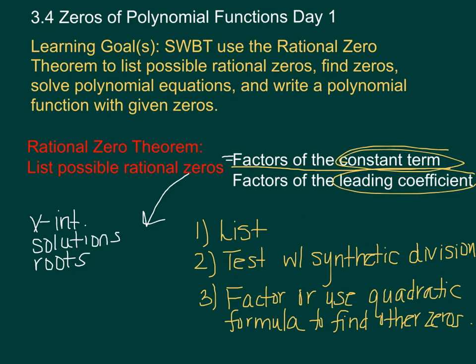So you make your list, you test them with synthetic division until you find a factor. Remember, that means that the remainder will be 0. And then you factor or use the quadratic formula to find the other zeros.